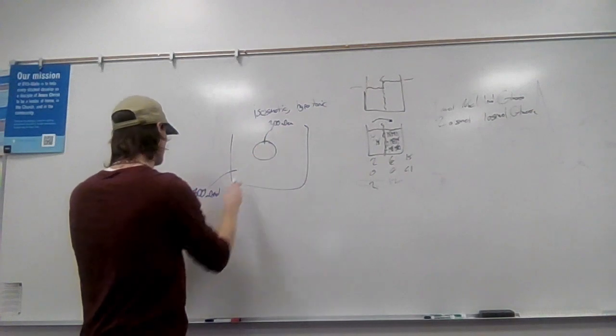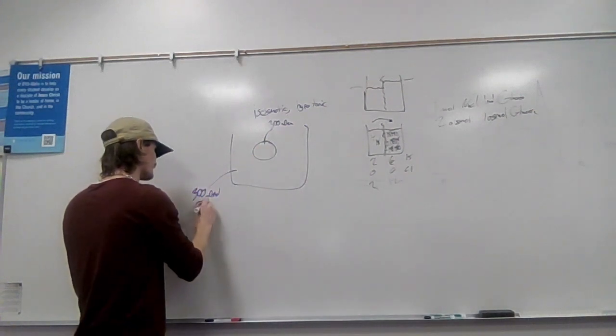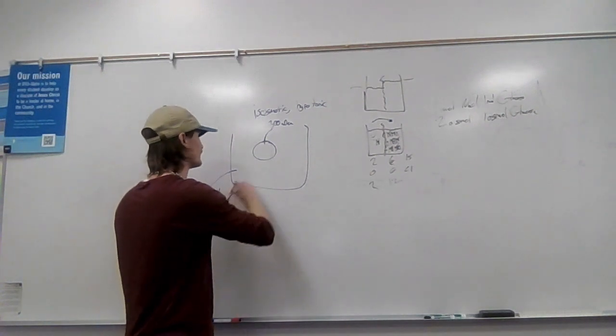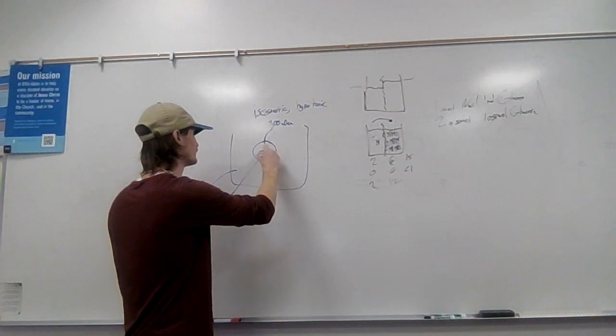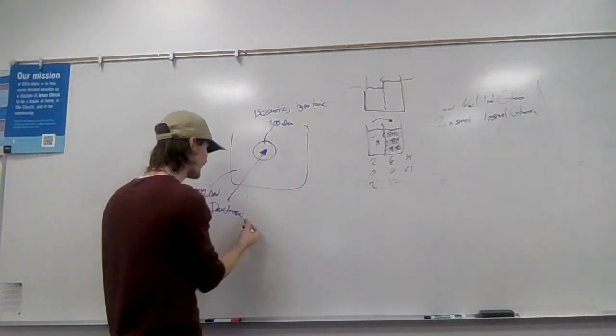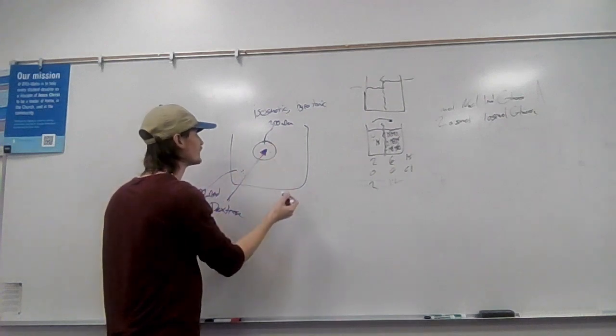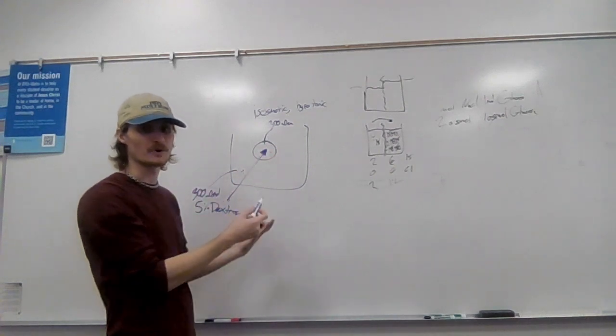But if this solution is 5% dextrose, for example, dextrose is going to make its way into the cell. And at that point, there are fewer particles in the solution than there are in the cell, because now the cell is going to have a lot more particles.